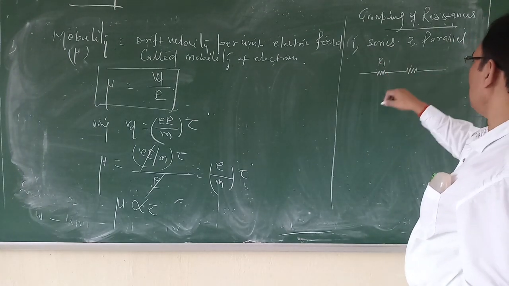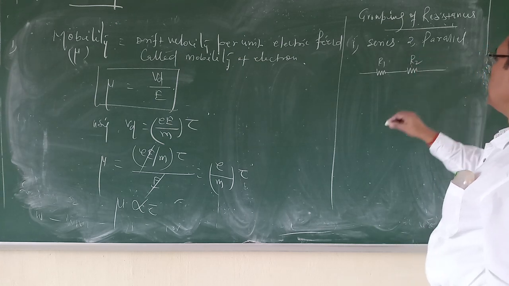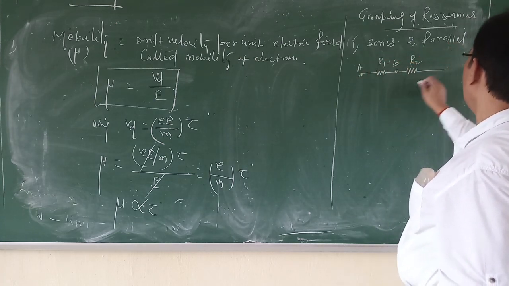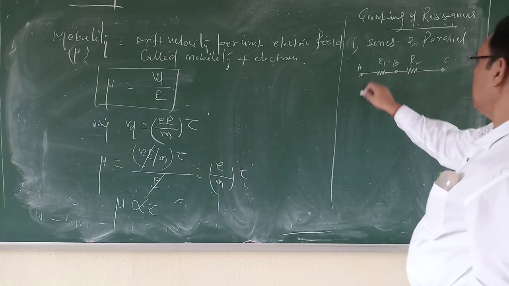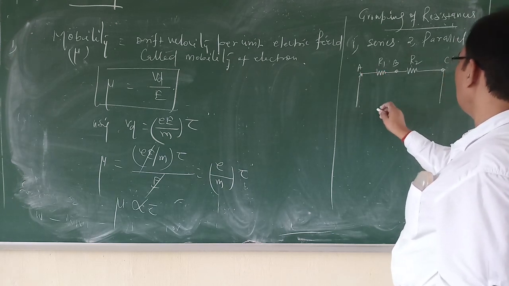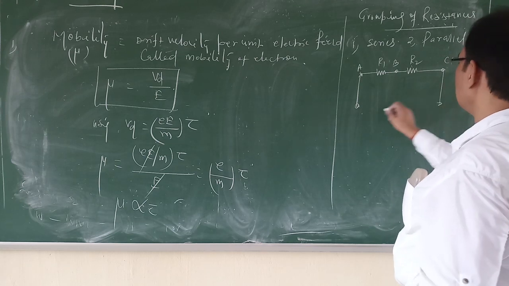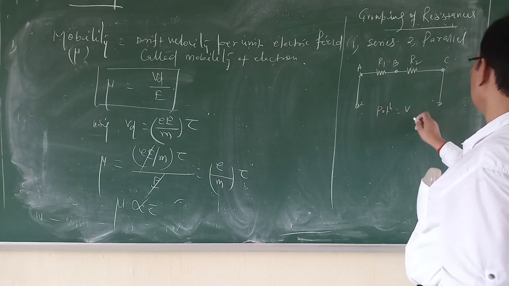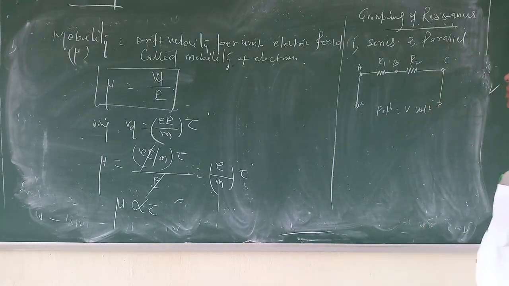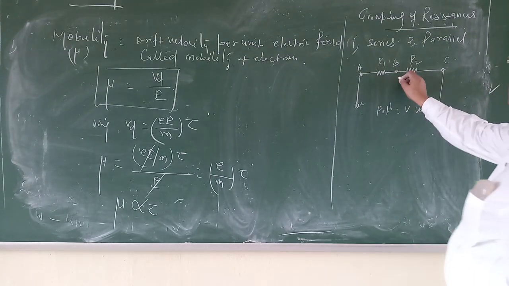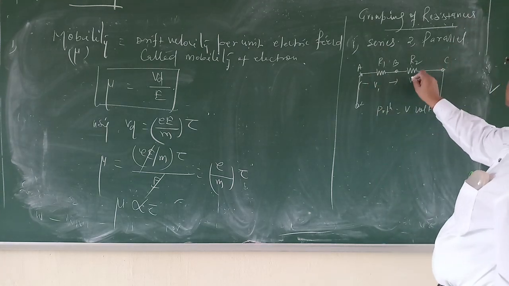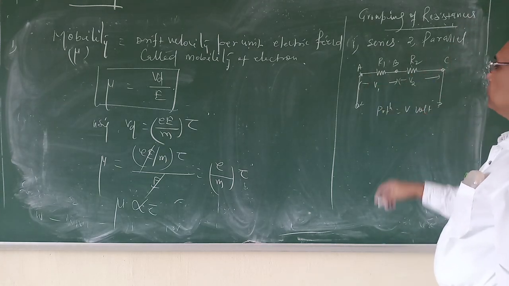Let resistance of this one R1 and this is R2. So these two resistors were AB and BC, and it is connected to a potential difference of V volt. So potential across R1 is V1, potential across R2 is V2.